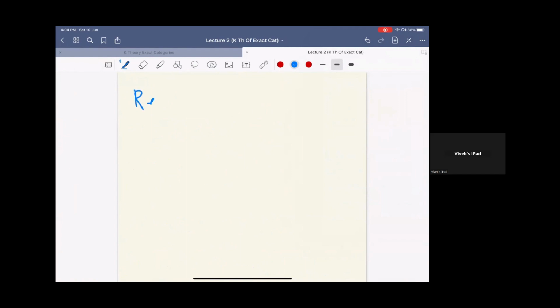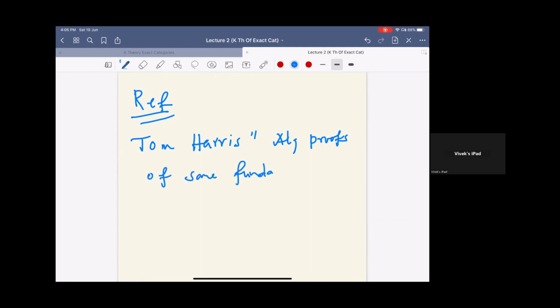You can check this proof, maybe in the paper by Dr. Tom Harish called Algebraic Proofs of Some Fundamental Theorems of Algebraic K-theory.